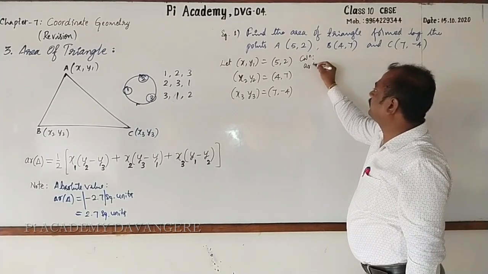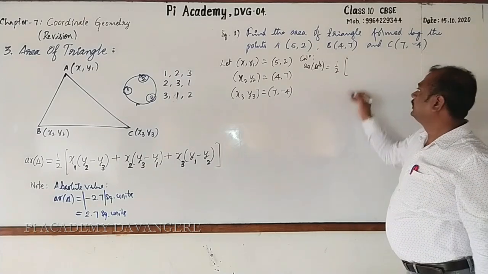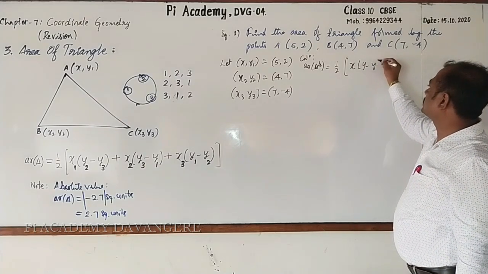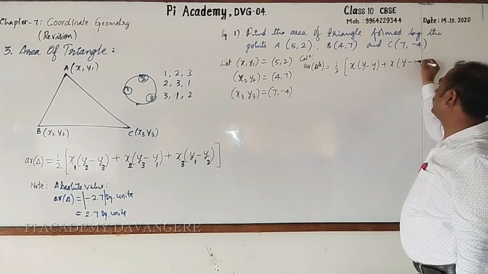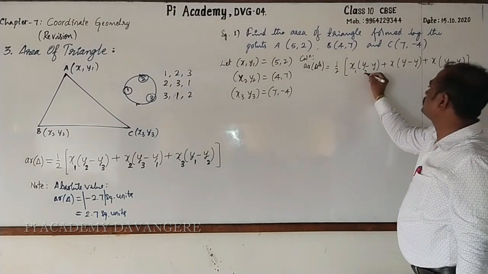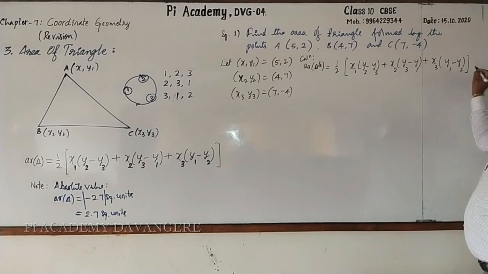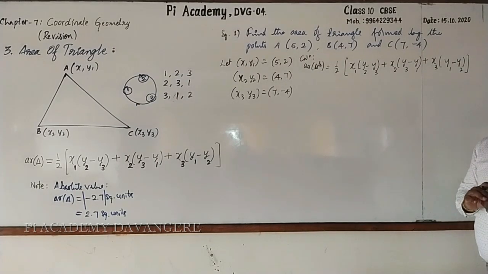Calculation. Write the formula. Area of triangle is half into x1 into (y2 minus y3) plus x2 into (y3 minus y1) plus x3 into (y1 minus y2). Now substitution is very important.